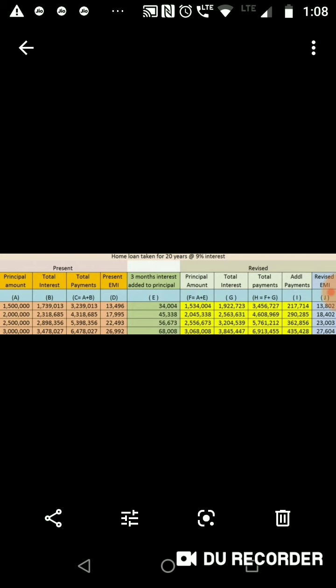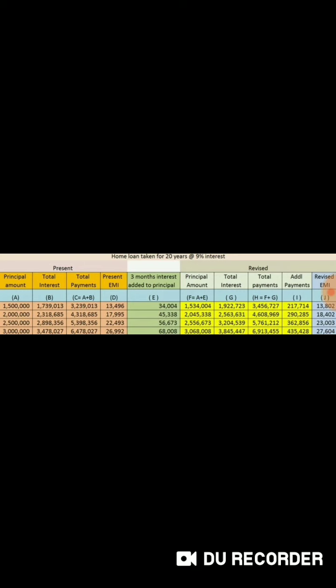Please talk to your financial advisor for more information, and what amount you are going to pay extra if you use this moratorium benefit. Please check with your banks. Whatever I have shown here is based on my knowledge. Please write a mail to your bank and they will answer how much you are going to pay extra or how much the revised EMI will increase if you are using this moratorium benefit.